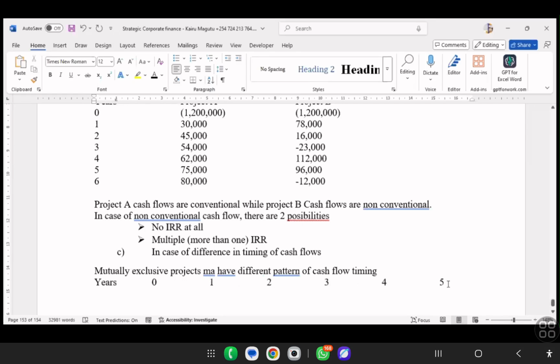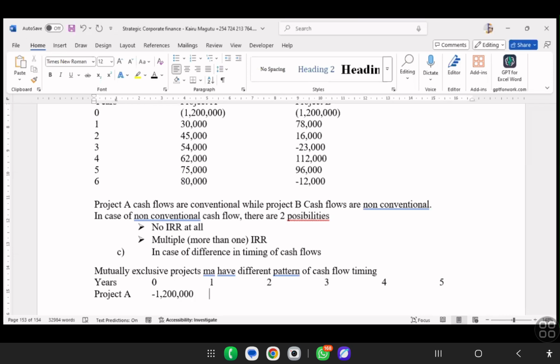So what I have here is project A. Project A in year 0, it called for 1.2 million.